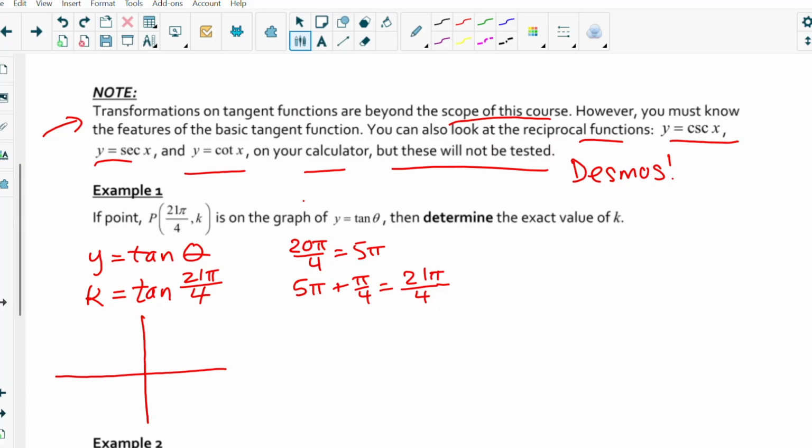This is the way I like to think about it. So I start here. Here's 1 pi, 2 pi, 3 pi, 4 pi, 5 pi, and I go pi over 4 more, which is halfway through the third quadrant. So this is my angle in standard position of 21 pi over 4.